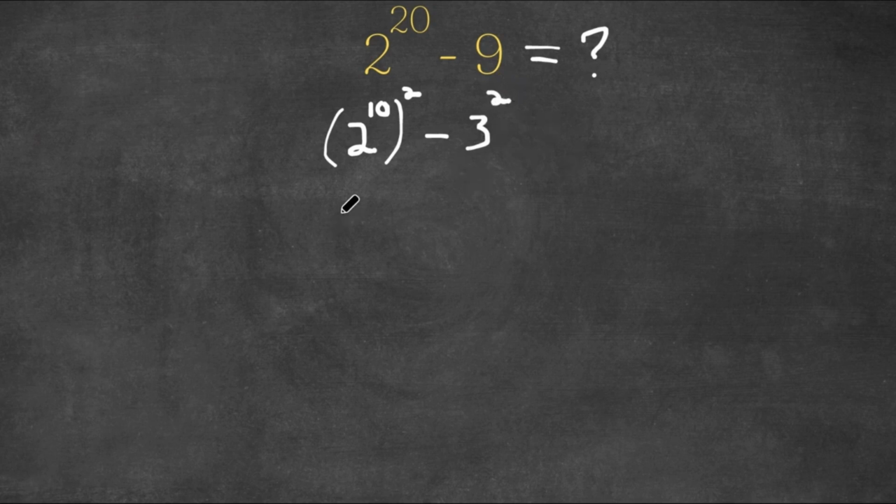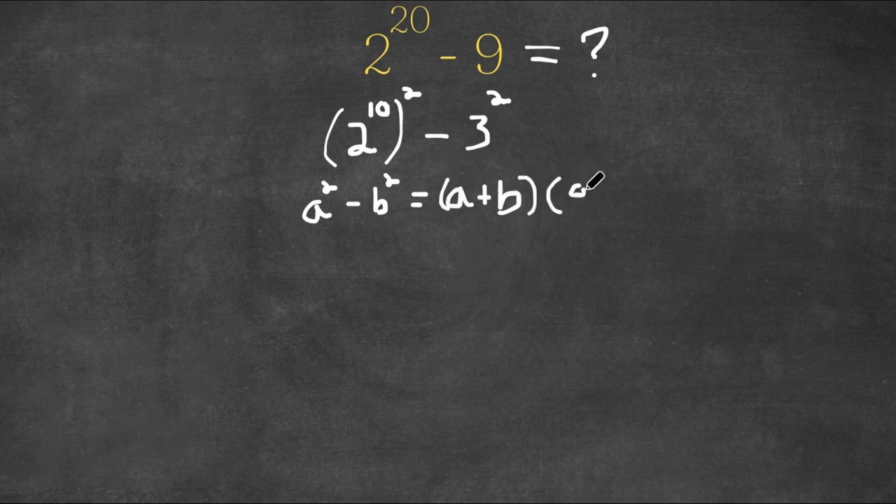And remember, if we have a squared minus b squared, this is actually equal to a plus b in parentheses times a minus b.